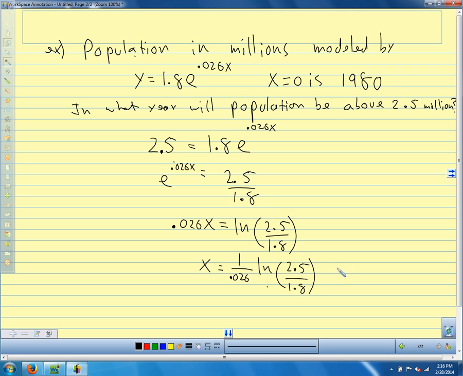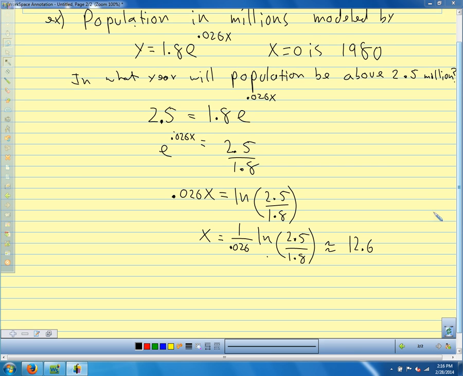And if I plug that in my calculator, I end up with about 12.6. So in what year will the population be above 2.5 million? If x equals 0 is 1980, what year is x equals 12.6?